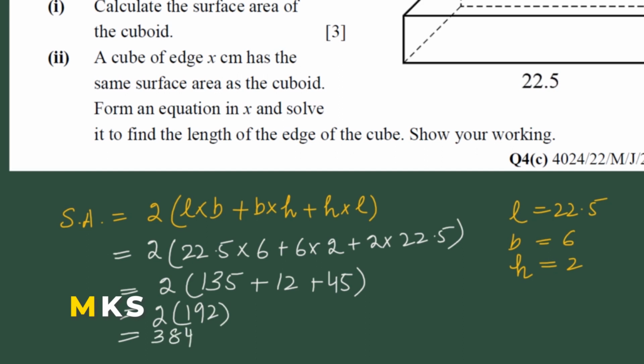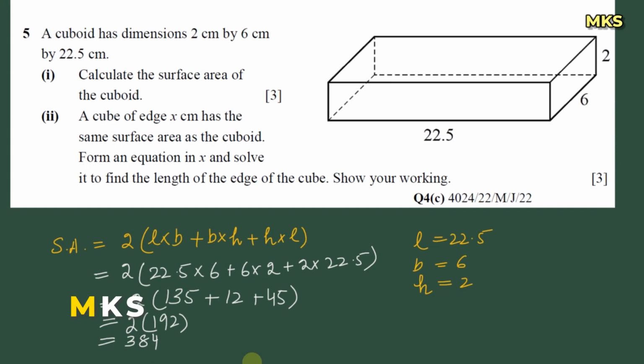So the total surface area of this cuboid is 384 centimeters square, because this is the area, so it will be centimeter square.